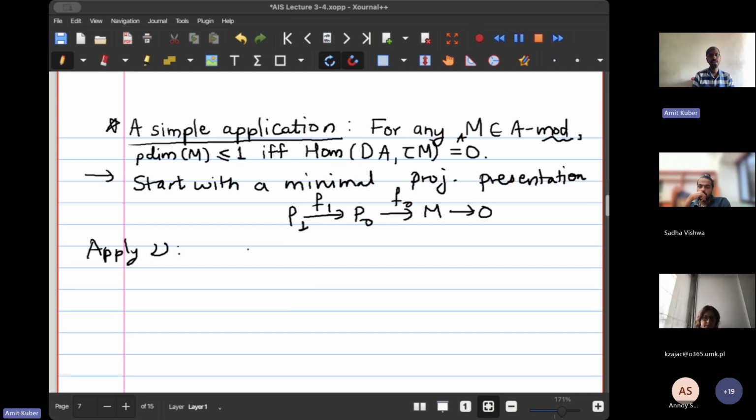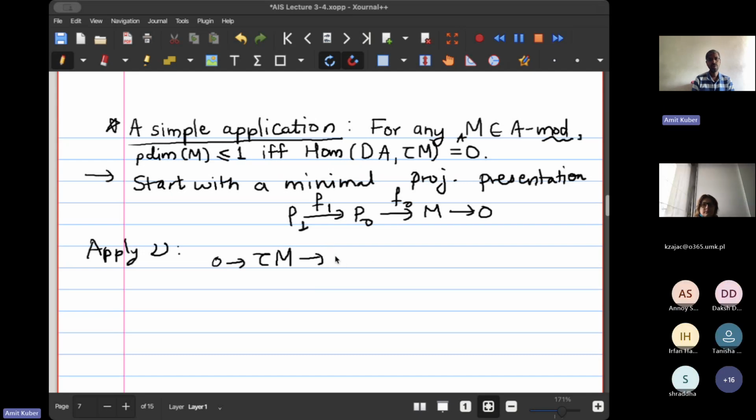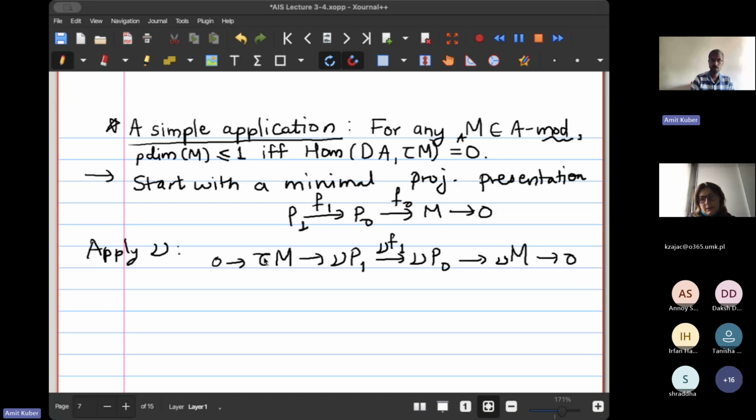And what do we get after applying nu? You get 0 to tau M to nu P1 to nu P0 to nu M to 0. And all we care about is this nu F1, and this is the kernel of nu F1.